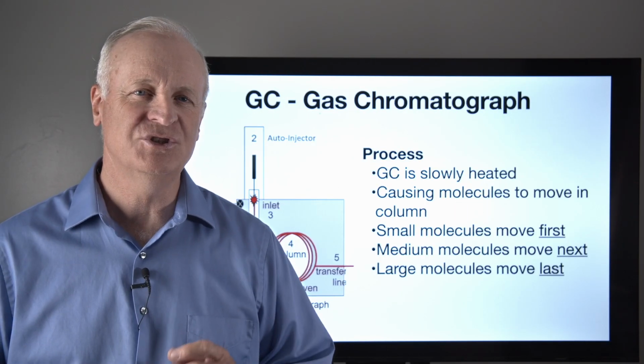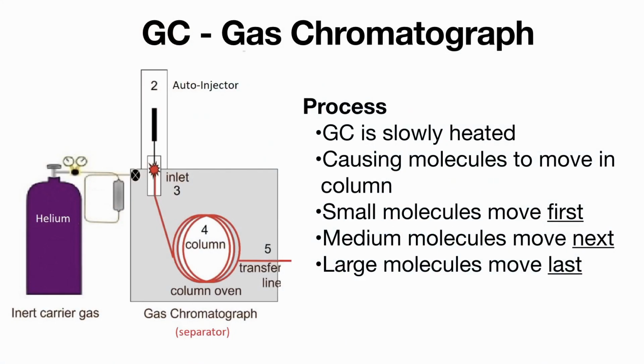Well, let's look at the GC process. A sample is injected into the GC column. The GC column is in a GC oven. The oven is heated up, and as it slowly heats, the lighter molecules come off first. These are the small molecules, and they slowly separate from each other.